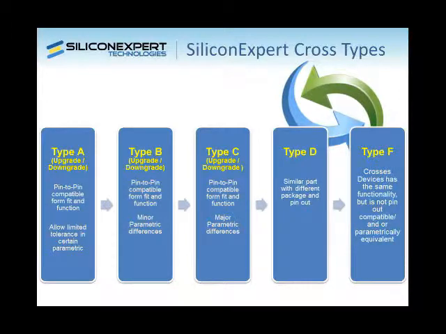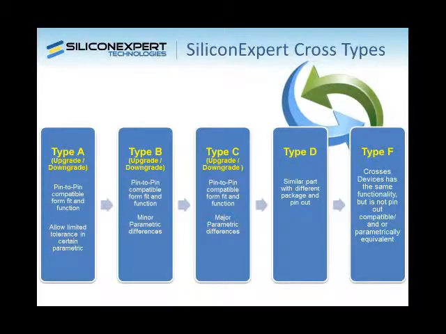What's the relationship between the cross part and the initial part? So a type A cross would be a pin-to-pin compatible form, fit, and function cross. There's also the type A upgrade, which means there's a larger operating temperature range, or there could be a downgrade.